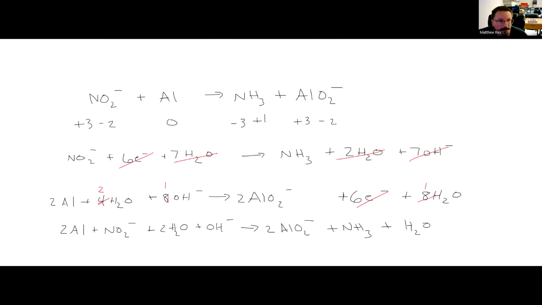Technically, since we have 2 waters on the left and one on the right, I could get rid of one, but we're just concerned with the coefficients in front of the OH, which is a 1, and the coefficient in front of aluminum, which is a 2.